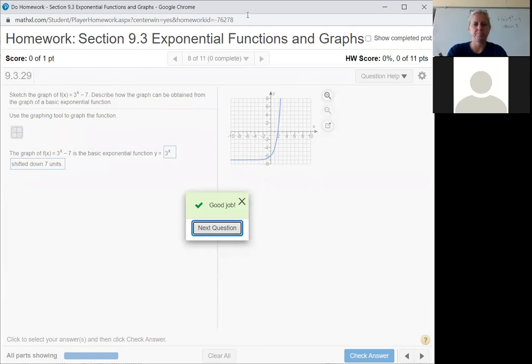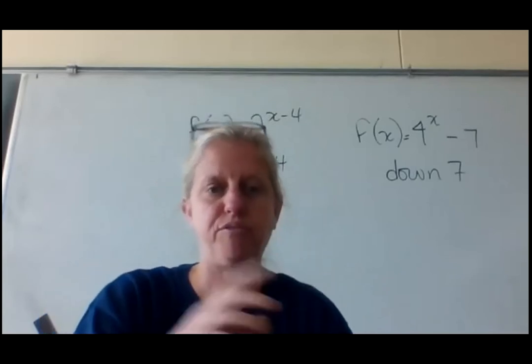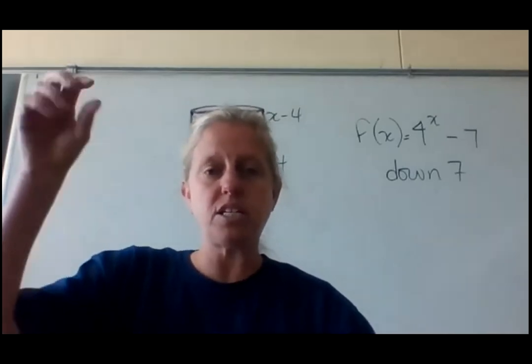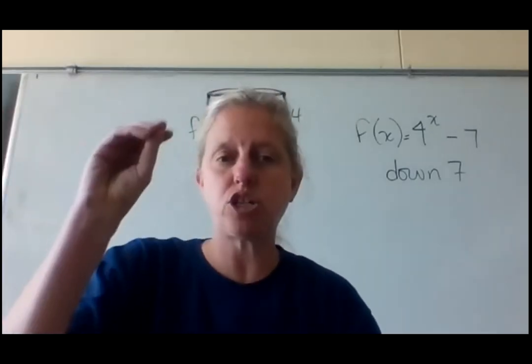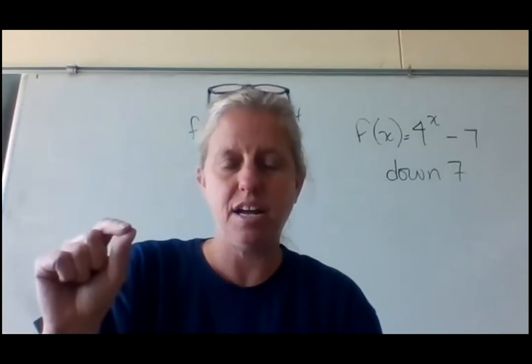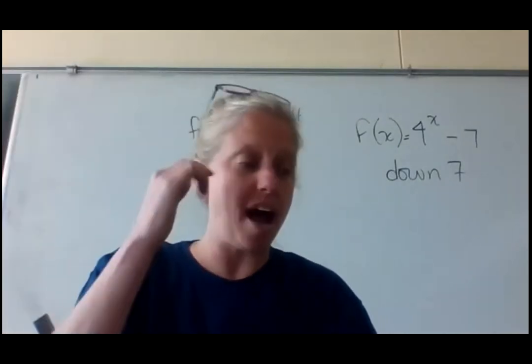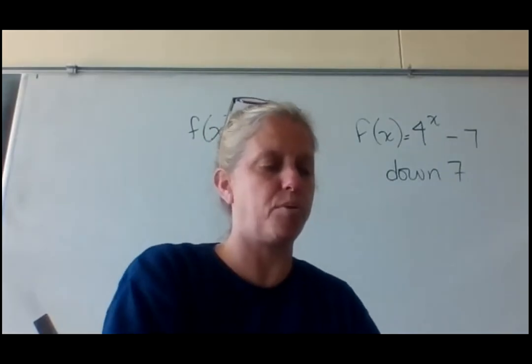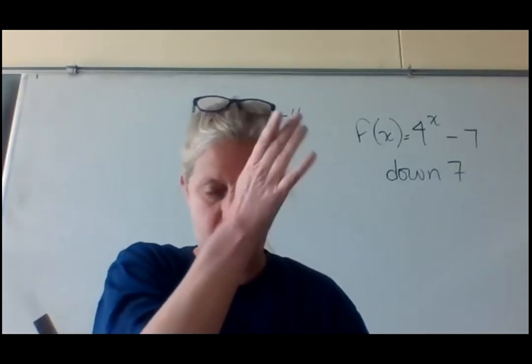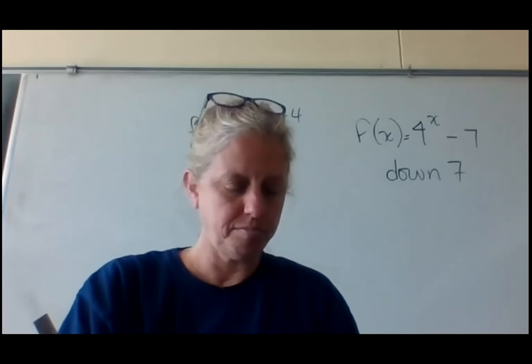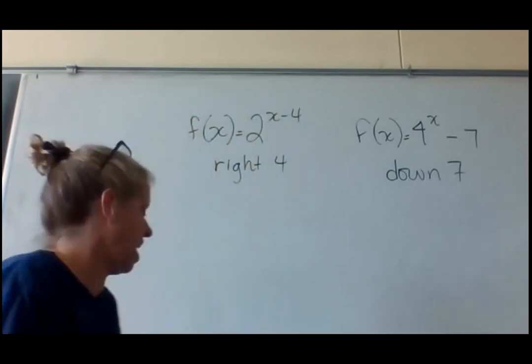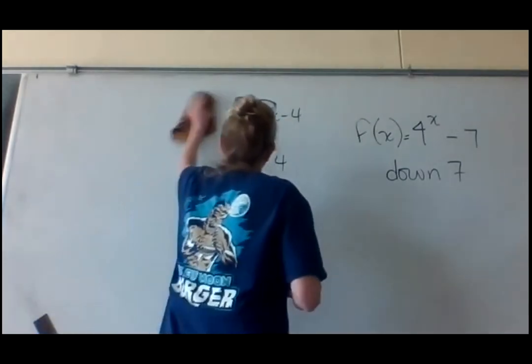Okay? So I just wanted to mainly show you, you've done the shifting before. It's just that when you get that almost ready to graph, make sure you change the base from an E to whatever the base of your specific problem is. Okay? All right, number 9, the last one like this.